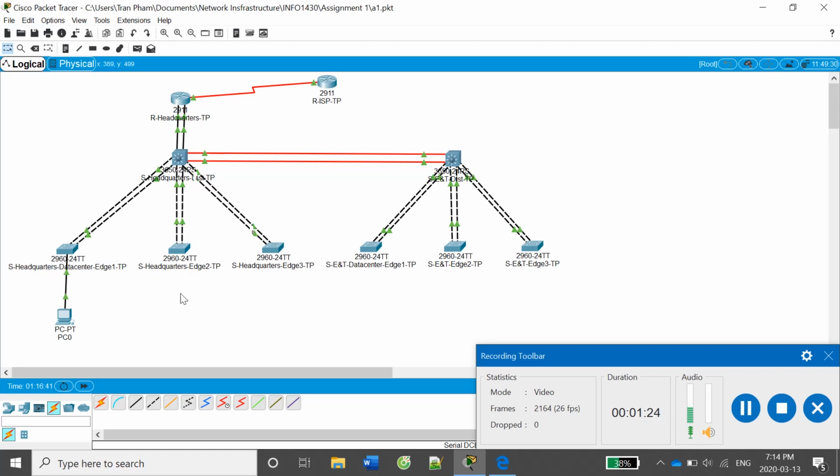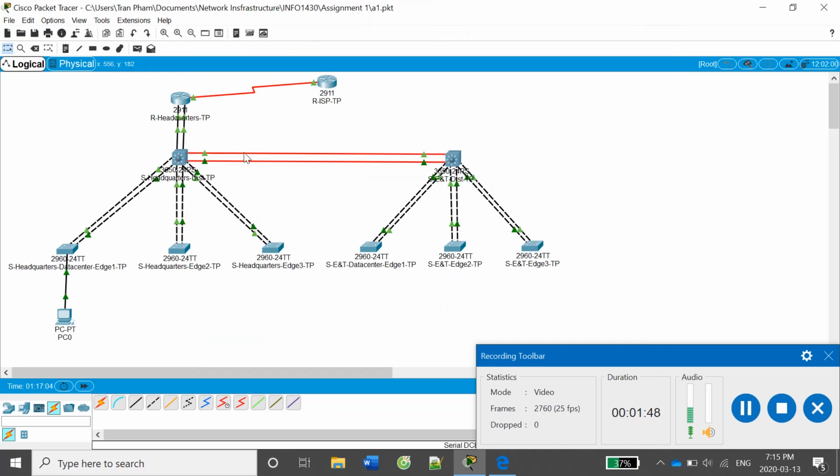I put cables as required to the interface channel, and this is just a single interface. I use crossover to connect between switches and straight cable for the router and switch.